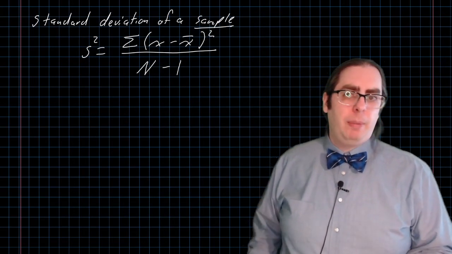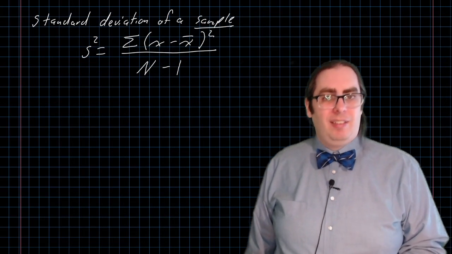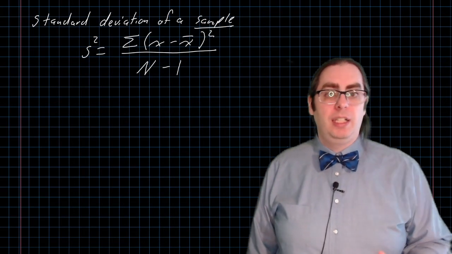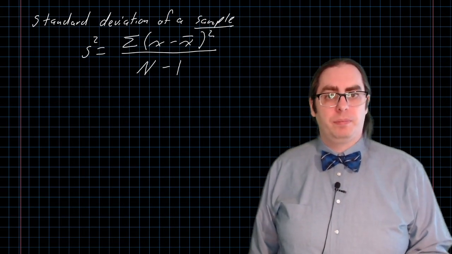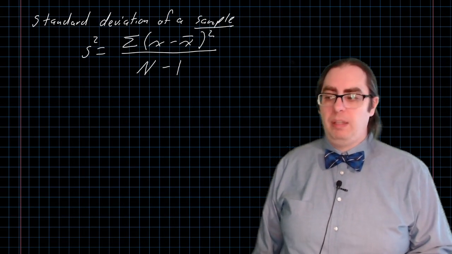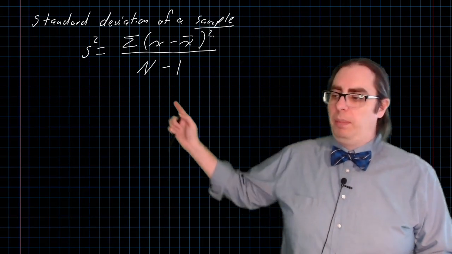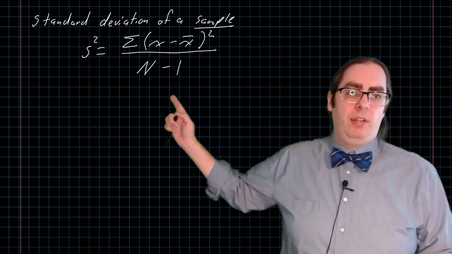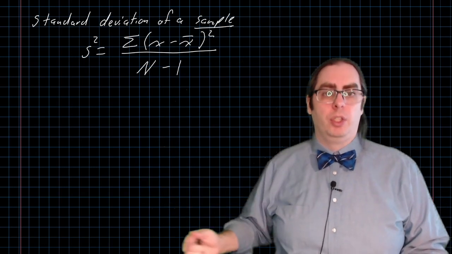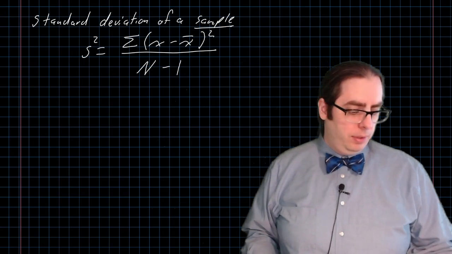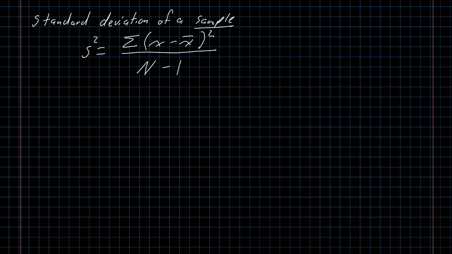The difference between dividing by 100 and dividing by 99 is less significant. The difference between dividing by 1,000 and dividing by 999 is almost negligible. So if you have a large enough sample, this difference is not going to be noticed. If you have a small sample, this difference is going to help us make the standard deviation a little bit larger to account for outliers that were underrepresented in the sample. So we have the variance, and then of course the standard deviation is just the square root of that same thing.